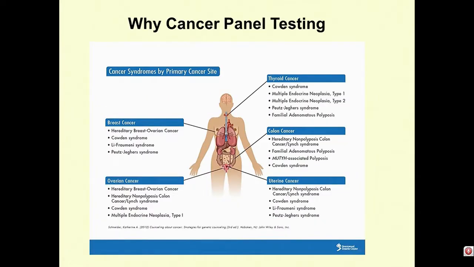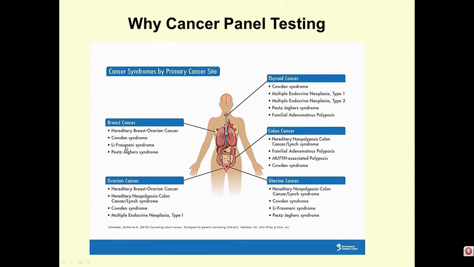Why might we consider cancer panel testing? Well, there are a couple of reasons. There are several different cancers which might be explained by a variety of different hereditary cancer syndromes. So, for example, breast cancer could be explained by hereditary breast and ovarian cancer syndrome, which is due to a mutation in either BRCA1 or 2.